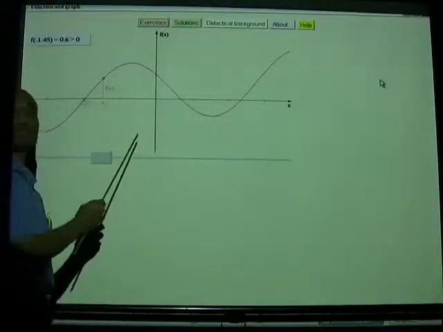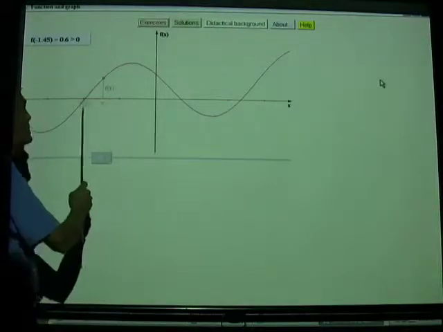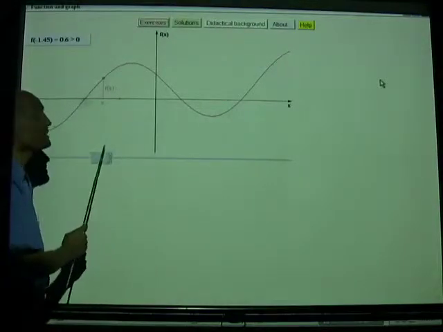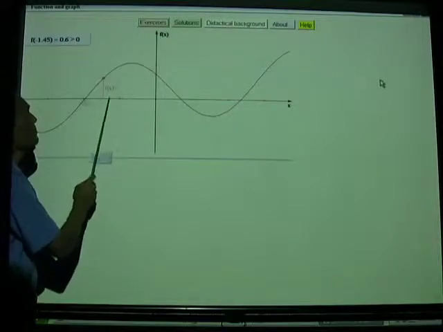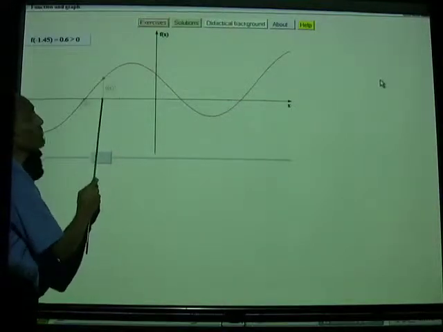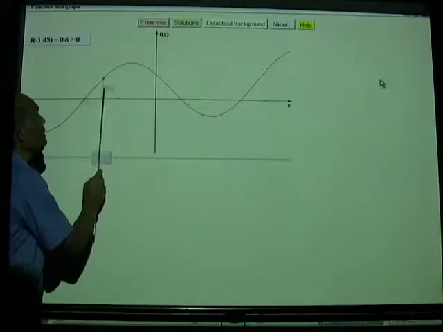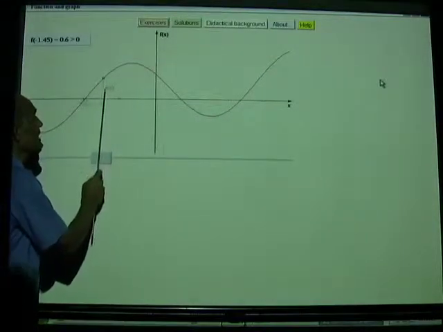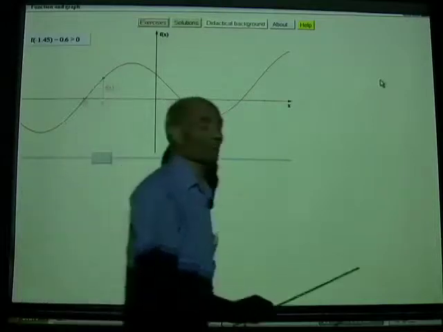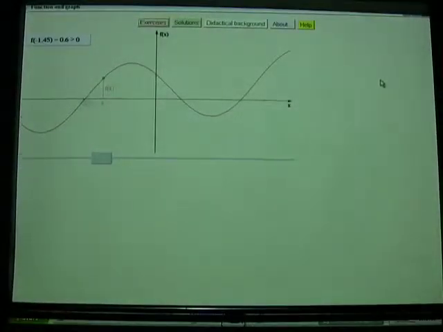Here you have the graph of a function which establishes a relation between the input x and the output f of x. When the input is x, the output is f of x. Remember, the length of that line is f of x. Now, if you change the input, watch how the output also changes.